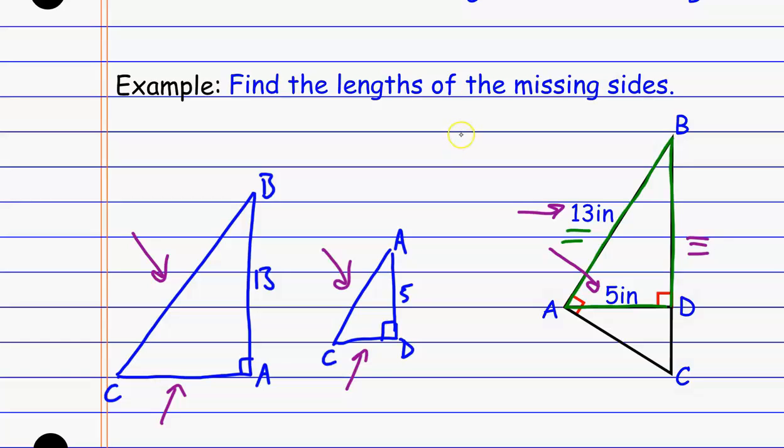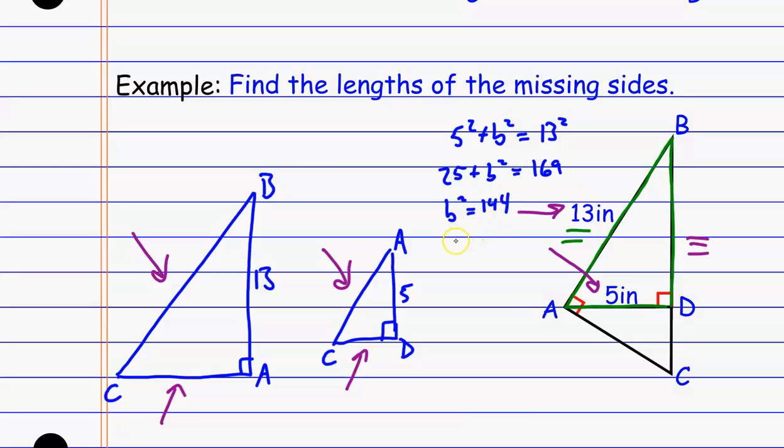So that's going to be a squared plus b squared equals c squared. That's going to be 25 plus b squared equals 169. And then I'm going to subtract the 25, so I get b squared equals 144.